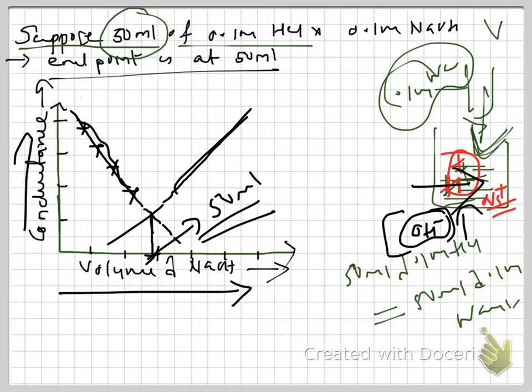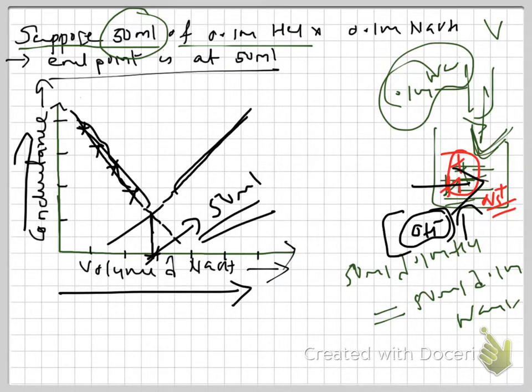I think you can understand it clearly by comparing three ions, H plus, Na plus, OH minus. In the initial solution, that means HCl, we have H plus having high conductivity, that is slowly removed by NaOH. With decreasing H plus, conductivity decreases.